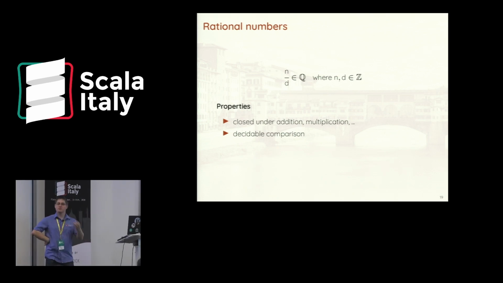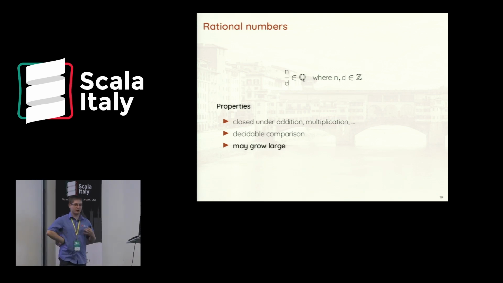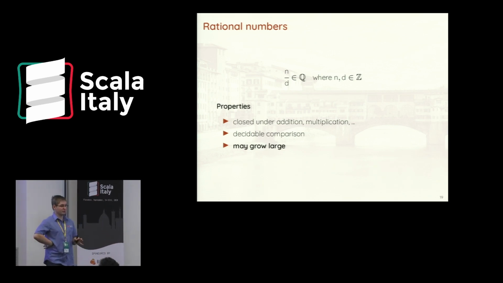But of course, trade-offs. The problem with rational numbers is they may grow very large. Because, for example, assume you want to add the following sequence of rational numbers: 1 over 2, 1 over 3, 1 over 5, 1 over 7, and so forth with all the prime numbers. Then these numbers get very large because you cannot simplify the fraction.